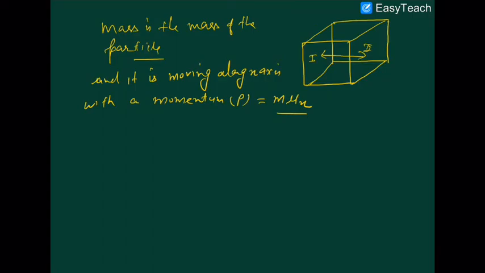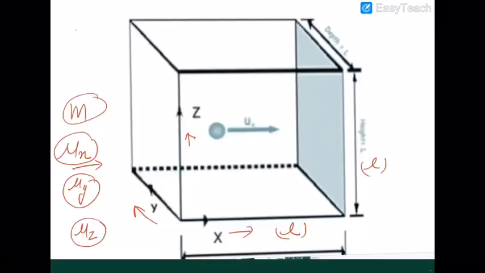Okay, so what is happening there now? The particle is moving in this direction with the velocity mu x. Sure about that or not? When the particle goes from here to here, it will again come back. After collision, it will get reversed.